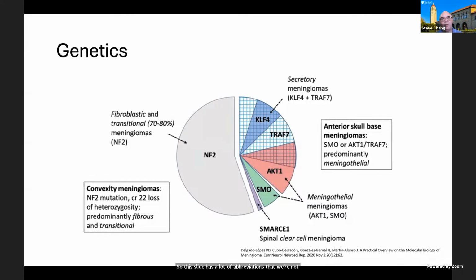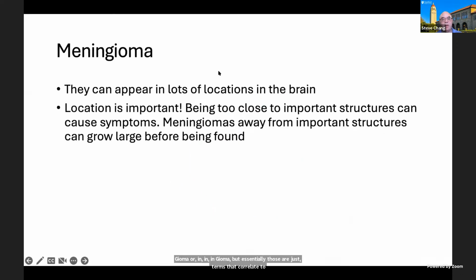Even though two tumors may look the same on the MRI scan, they may have different genetics. Older neuropathology books will use terms like secretory meningioma, clear cell meningioma, or meningothelial meningioma. But essentially, those are just terms that correlate to the genetics of the specific subtype of tumors.